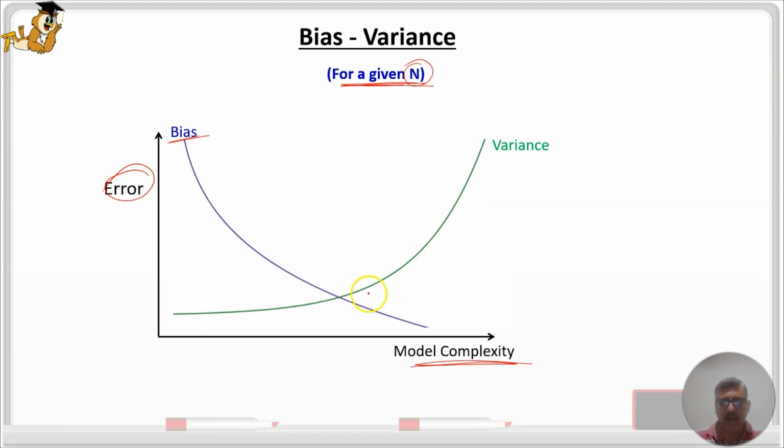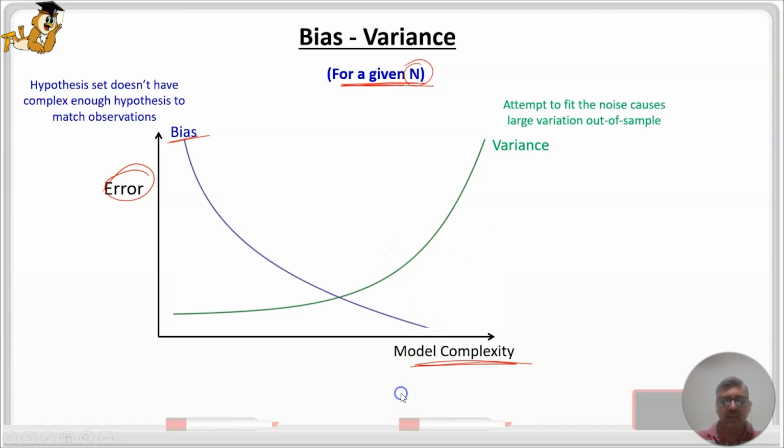So this is your bias curve, this is your variance curve, and the total error, the total Eout, is going to be something like this. We are going to add the bias and variance, and your Eout curve is therefore going to be what I have indicated with this dotted line right here, the sum of bias and variance.